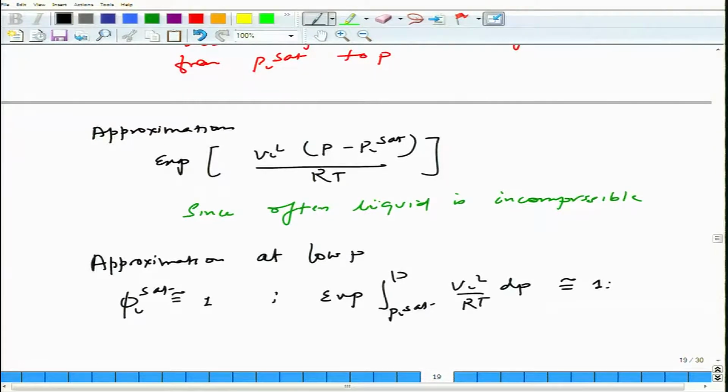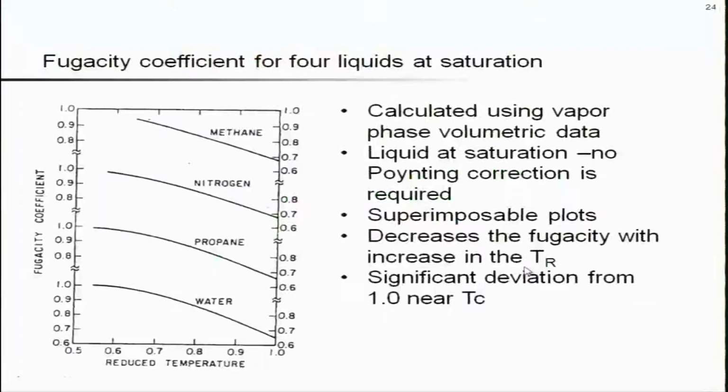Let us try to understand how this approximation looks for different systems. In order to understand this Poynting correction, or in general the fugacity, we will take an example. Let us discuss the fugacity coefficient behavior for liquids at saturation condition by considering 4 molecules: methane, nitrogen, propane, and water.